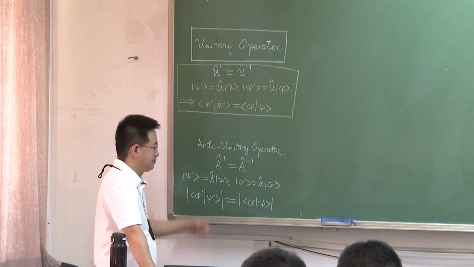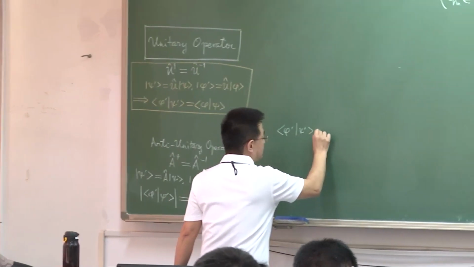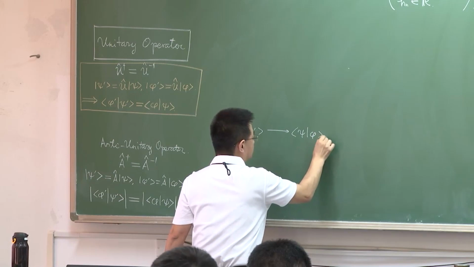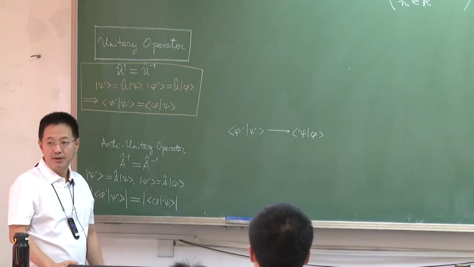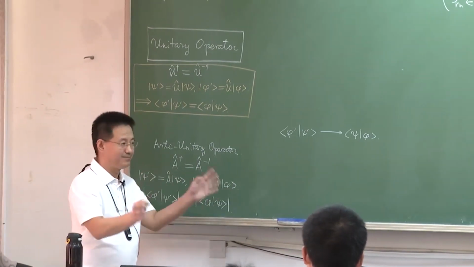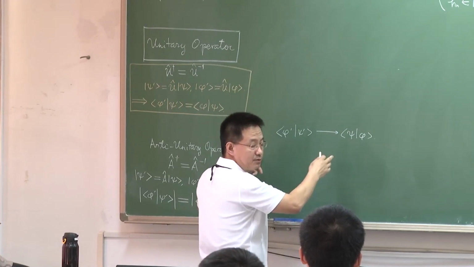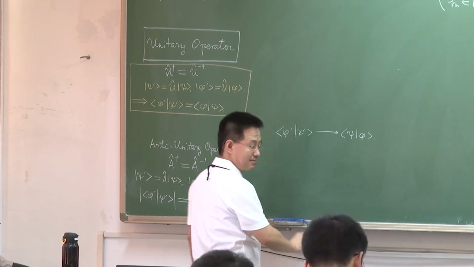So like this, if you change psi prime to psi like this, the absolute value will be kept invariant, right? You have just exchanged the positions of the ket and bra, but the absolute value of the inner product is kept invariant. Got it?